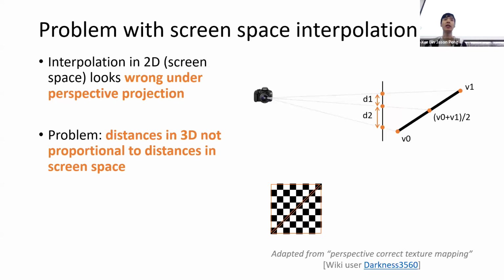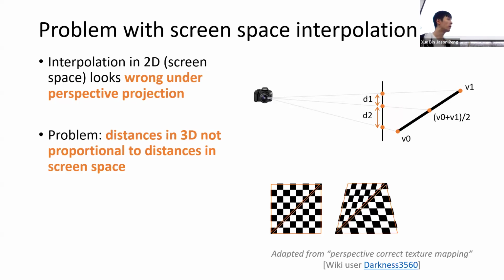And the issue that this can lead to is that it can cause distortions in the textures that we map to our 3D shapes. For example, let's say I have this 3D checkerboard pattern, and I want to map this onto just a simple rectangle.